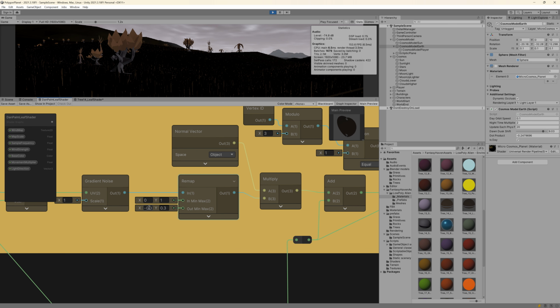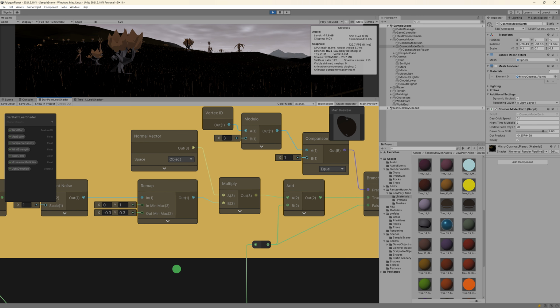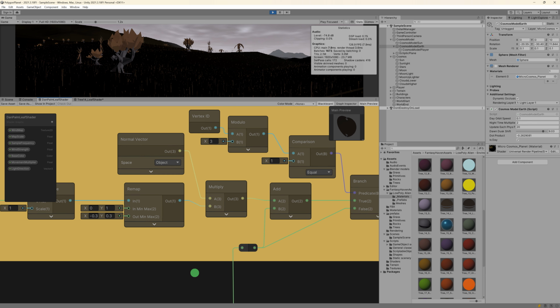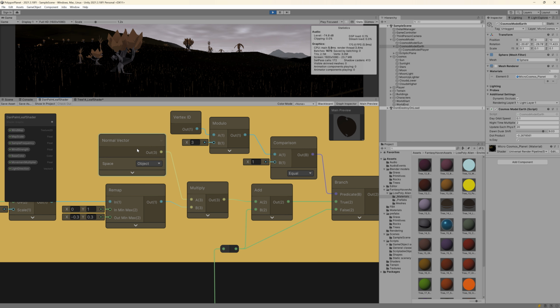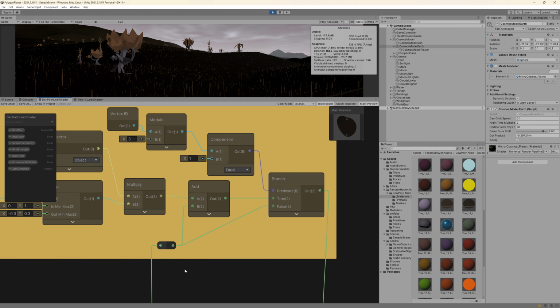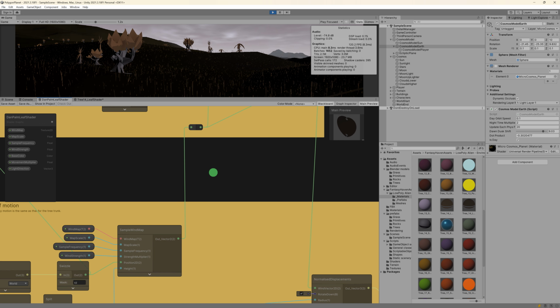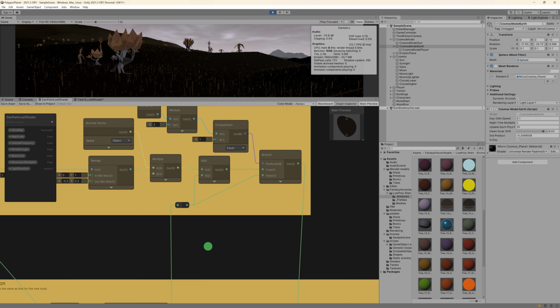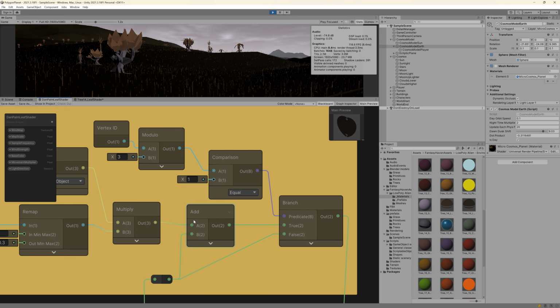I'm remapping that to a scale that I have empirically tried and found gives a nice flutter. I'm using the normal vector for the vertex as my fluttering direction, multiplying it by that magnitude, and adding that on to what came out of the wind map. So my tip flutter's been added.